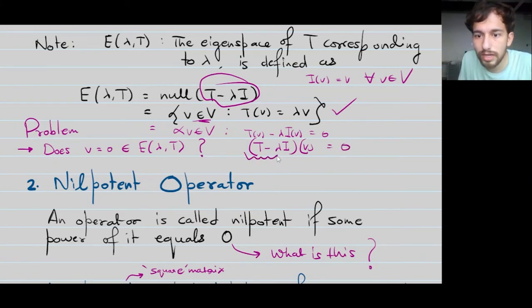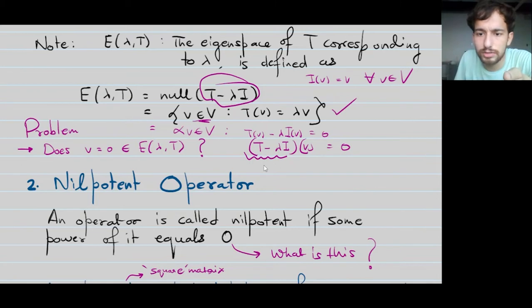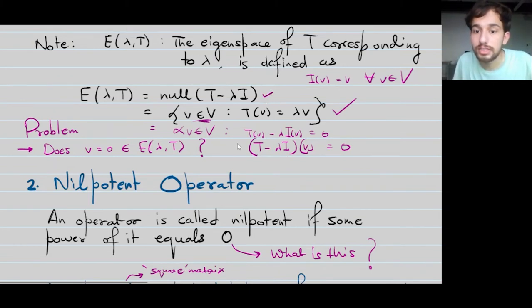So this becomes an operator. I'm searching for all those vectors which satisfy this condition. That is equivalent to saying that all those vectors belong to the null space of this operator T minus lambda I. I is an operator, T is an operator, so their difference is also an operator, because it will preserve, again, what I have said, all those conditions required for a linear operator. Okay, so this is the equivalent way of writing it in terms of the null space of this operator. Now I have asked you a question.